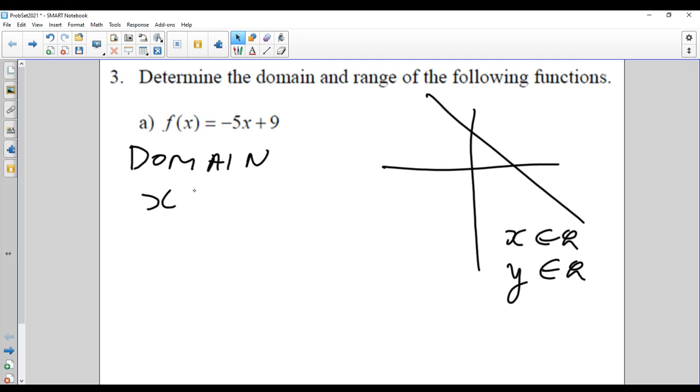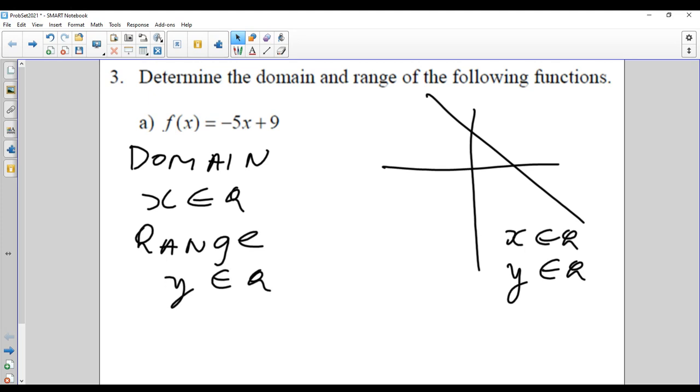And that would be x is all real numbers. And then write the word range next. And then write that y is all real numbers. So for a typical straight line, even if I didn't draw it, it's going to be all real numbers.